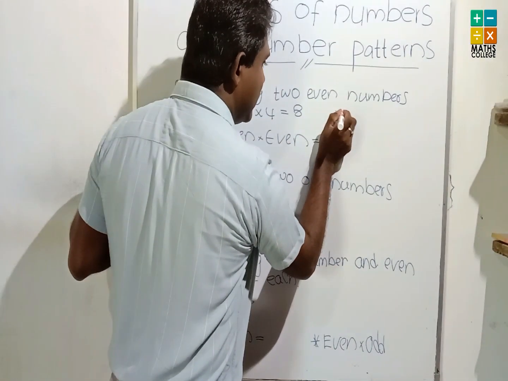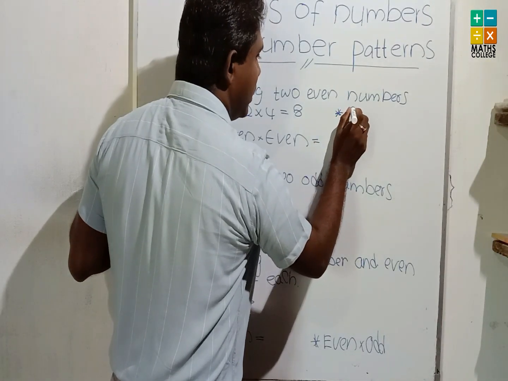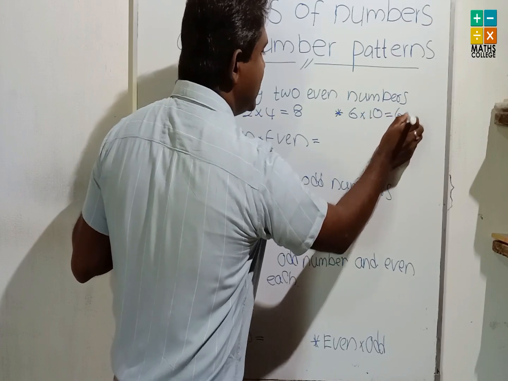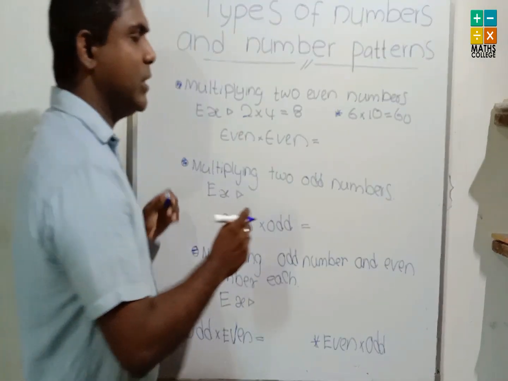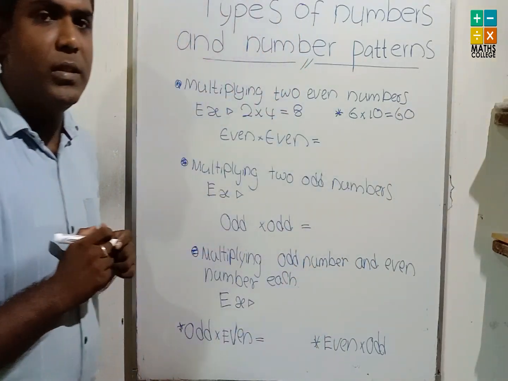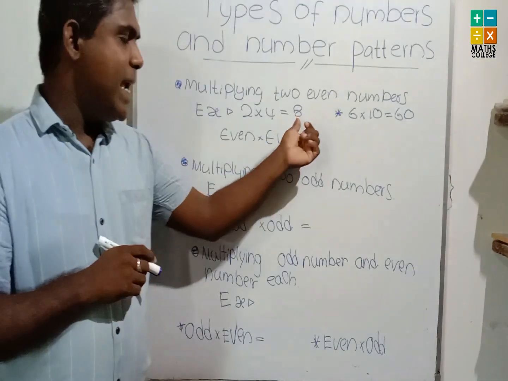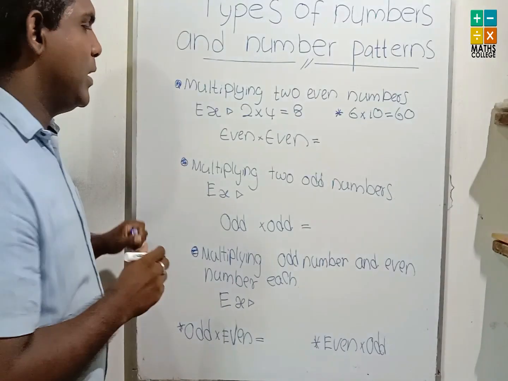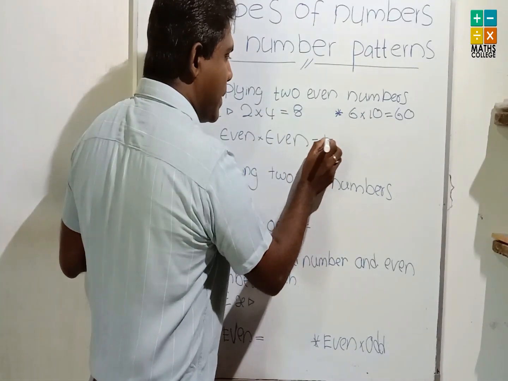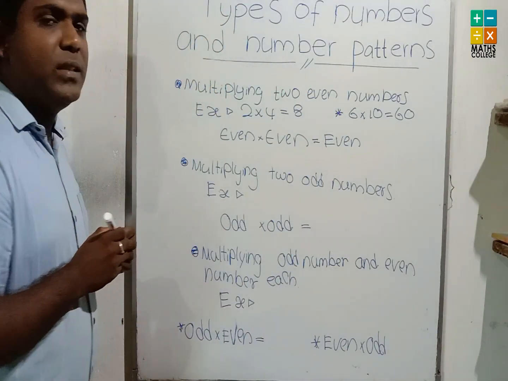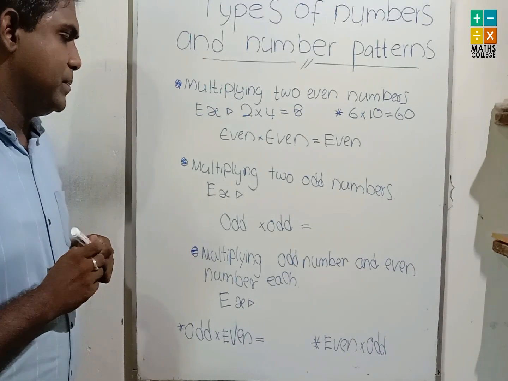Another example, 6 multiply 10, the answer is 60. What type of number are 8 and 60? The answers are also even numbers. Therefore, even number multiplied by even number, the answer is an even number.